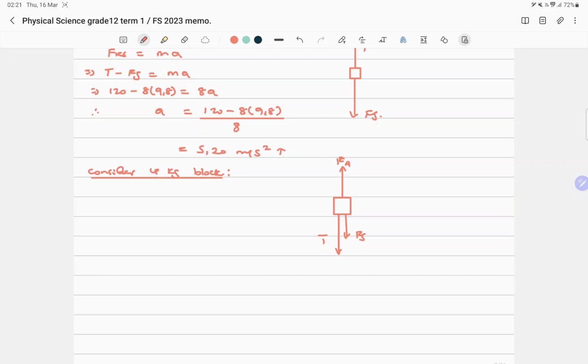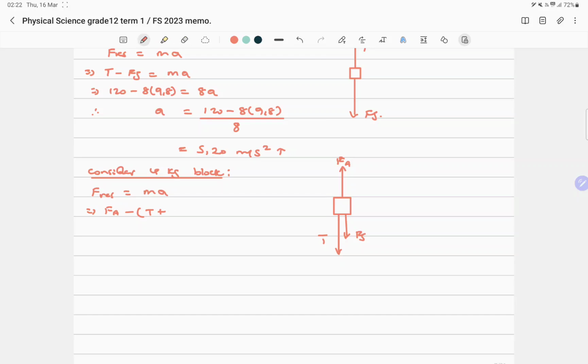We know that Newton's second law tells us that the resultant force, F sub res equals ma, which implies what? That force is bigger, so it's the applied force minus the sum of these two, tension plus Fg.